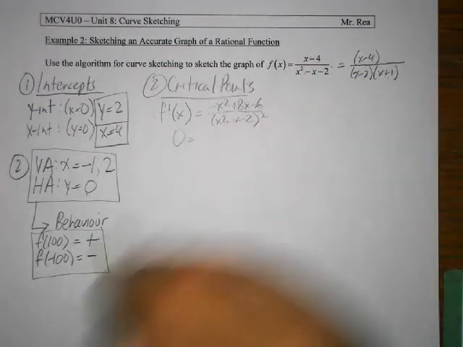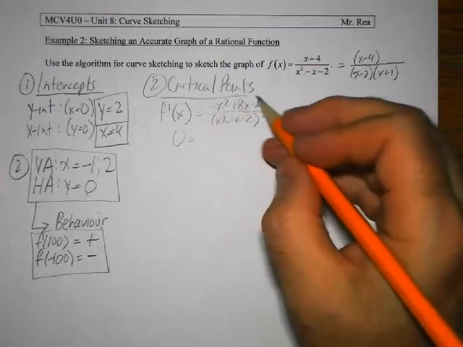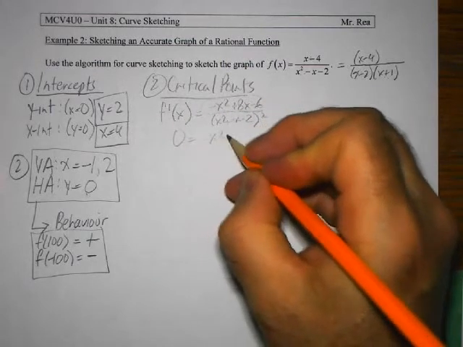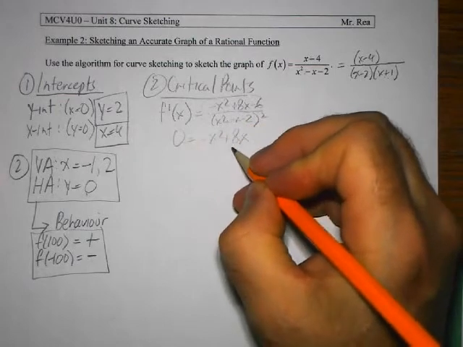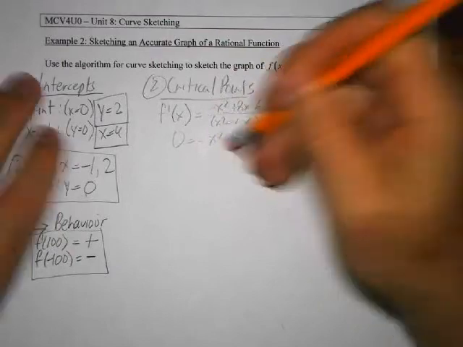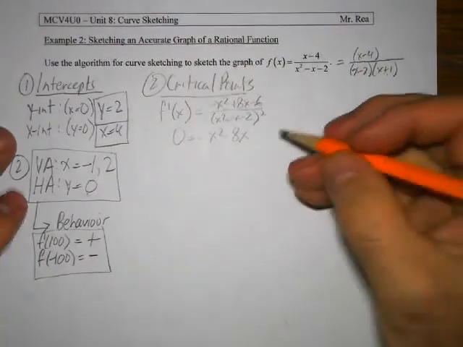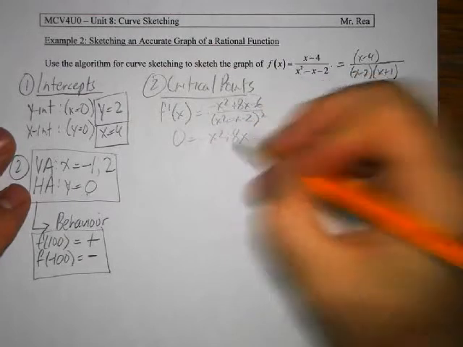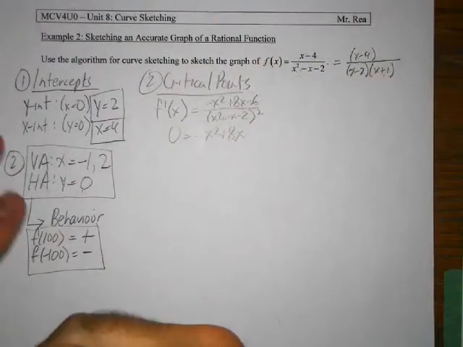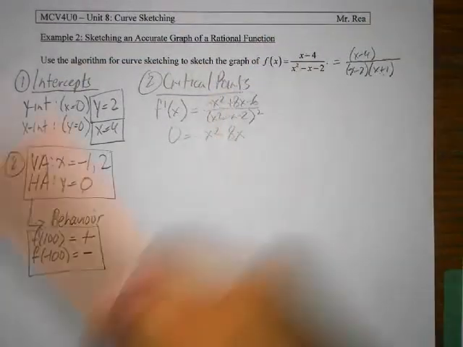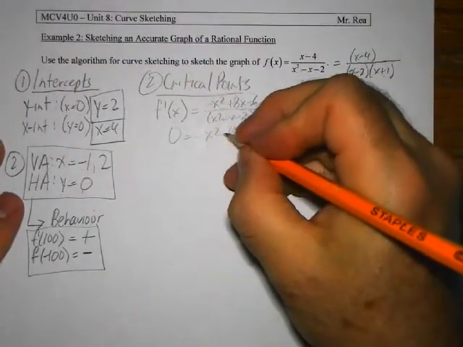Okay, so when I set that to 0, remember I'm really just looking at the top. That has to be 0 for the whole thing to be 0. So I'll just leave it like that. Now actually I'll do what I did before. I'll factor out the -1 so it's easier to factor. X squared minus 8x plus 6.